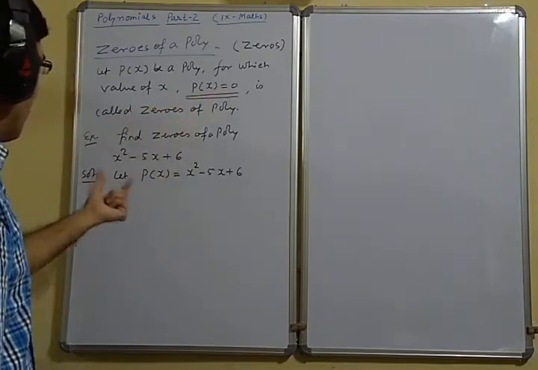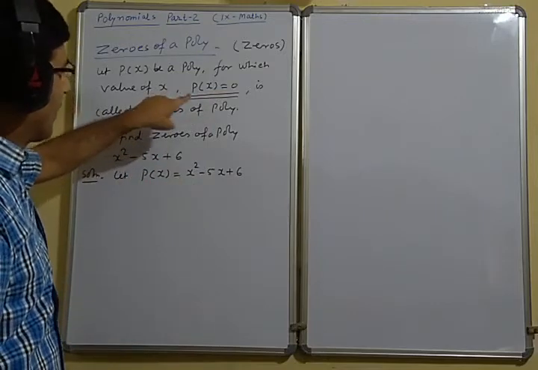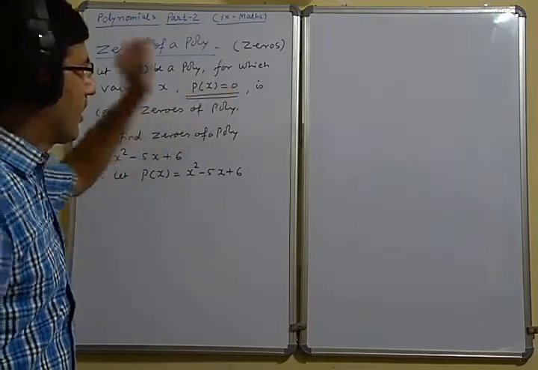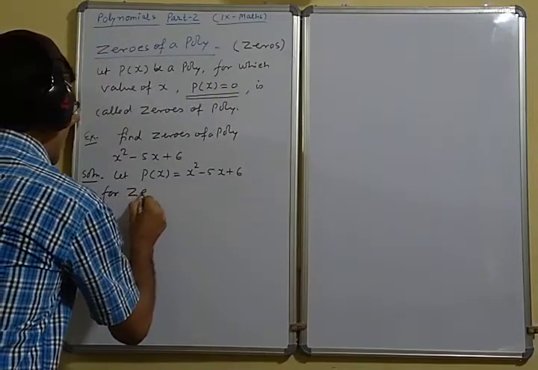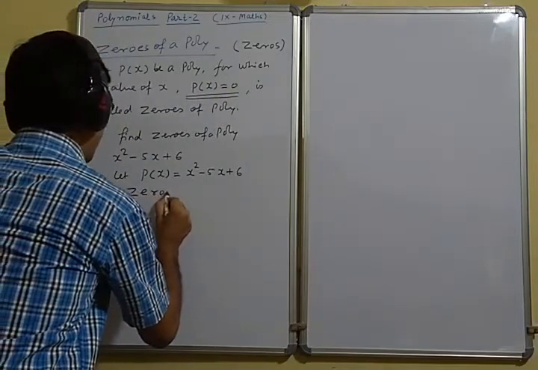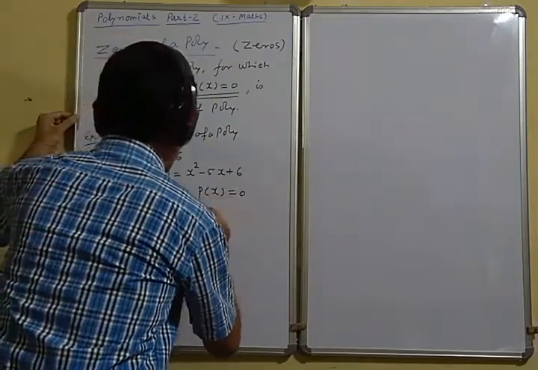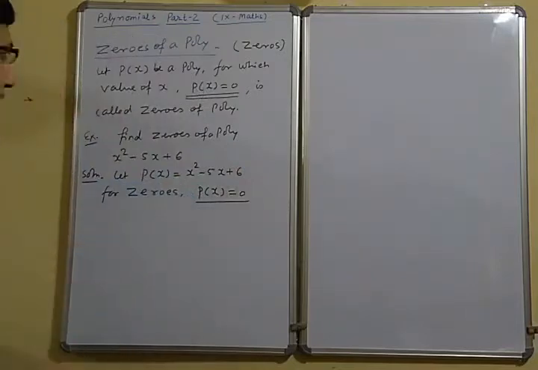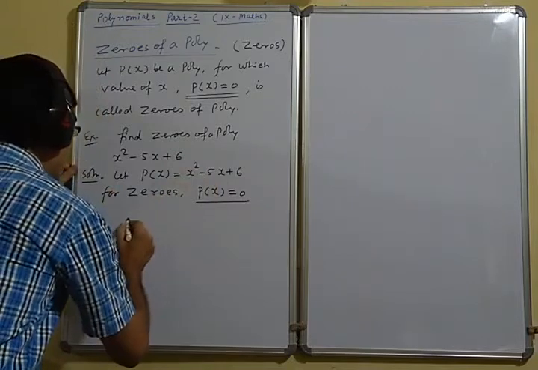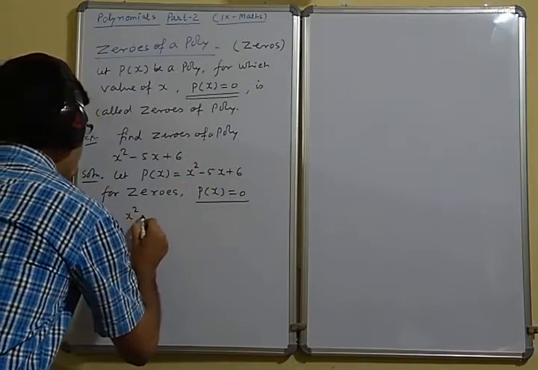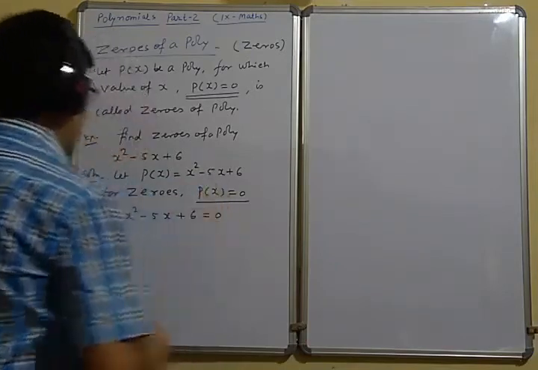Now we have to find the zeros of this polynomial. Zeros means the values of x for which P(x) becomes 0. So for zeros, the condition that we apply is P(x) equal to 0. Now factorizing, x squared minus 5x plus 6 is equal to 0.